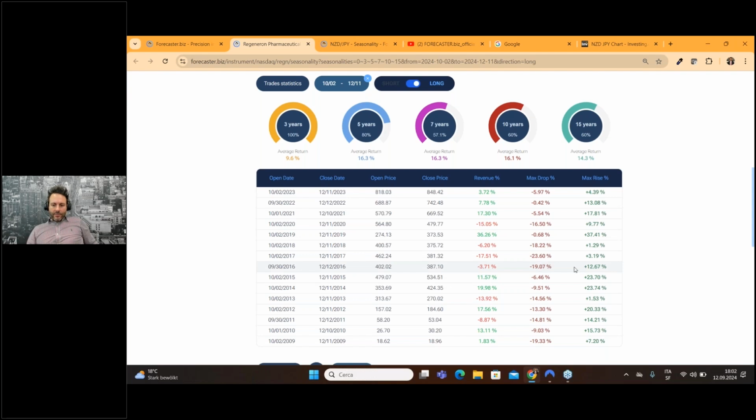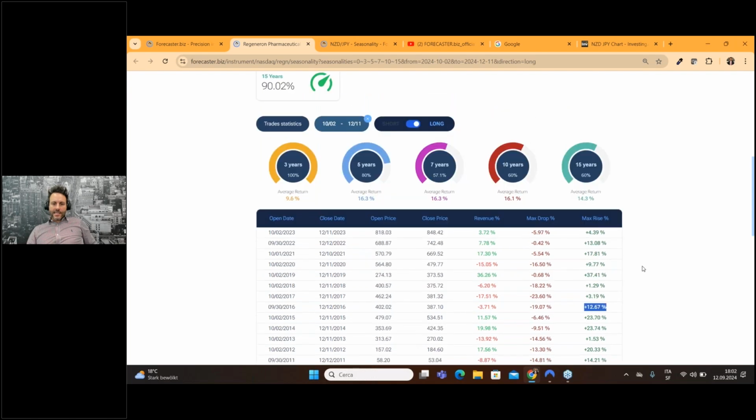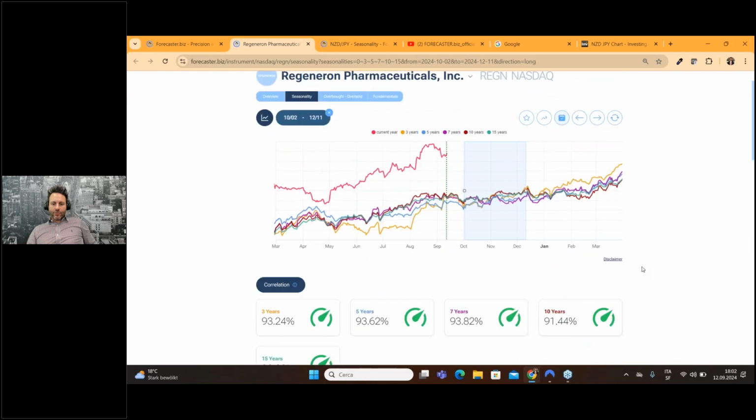Could be better because look, for example, in this case, we have the 2016, which had a negative return, but before to have a negative return, we had a positive return of 12. Okay, so this is definitely an interesting trade.